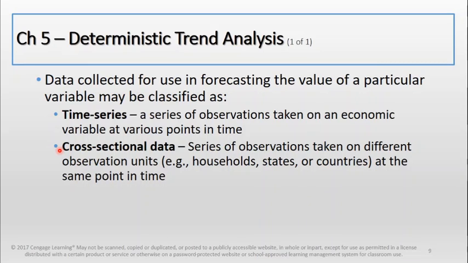When you say time series, these are defined as a sequence of values of an economic variable at different points in time, while your cross-sectional data is an array of value of an economic variable observed at the same time, like the data collected in a census across many individuals in the population.